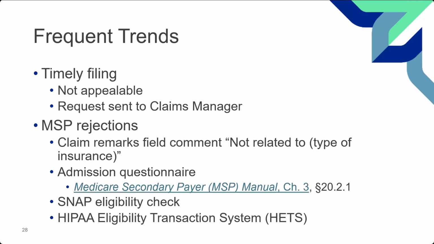So if that primary insurance comes back, let's say months, years later, and takes their money back, you've got a claim in the system that was timely at the time that it was submitted. So you can help yourself in those situations. It might not happen often, but if it does.